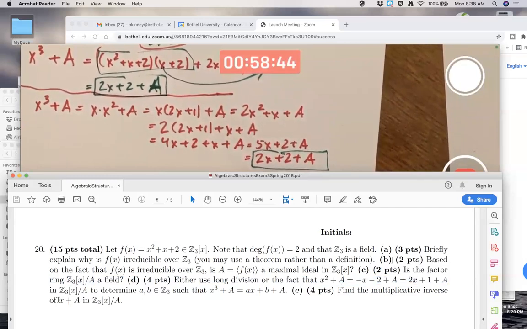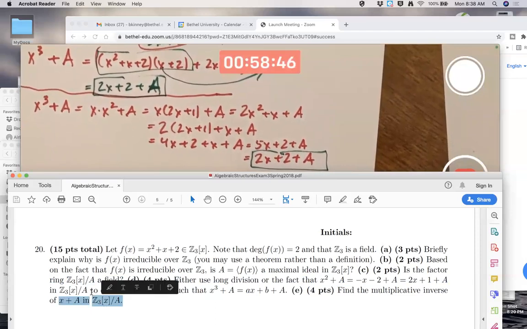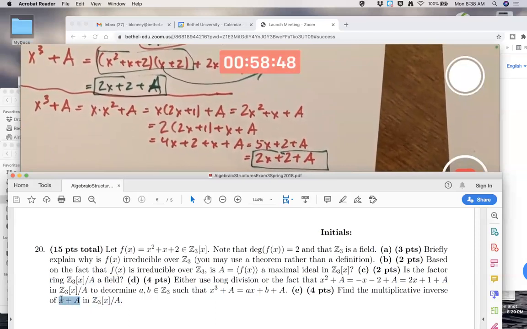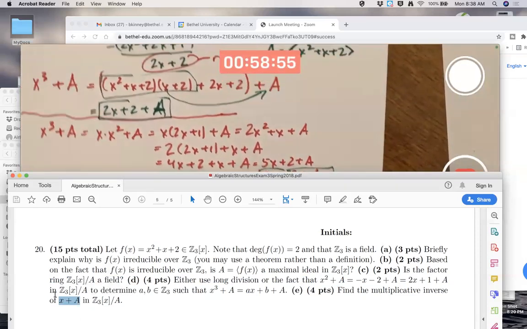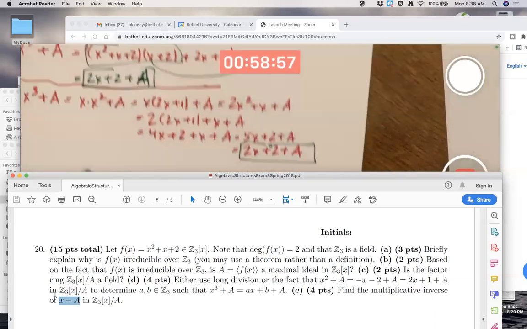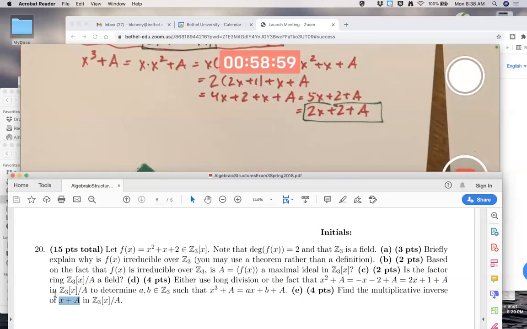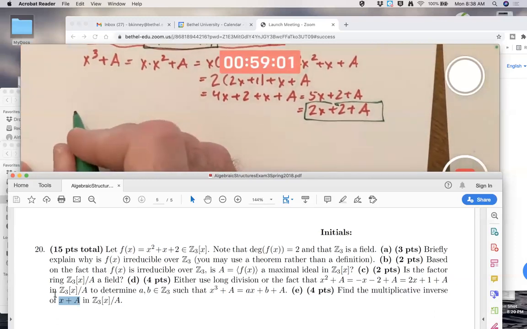Finally, find the multiplicative inverse, which will be guaranteed to exist. This is definitely a non-zero element of the factor ring. How do you find its multiplicative inverse?